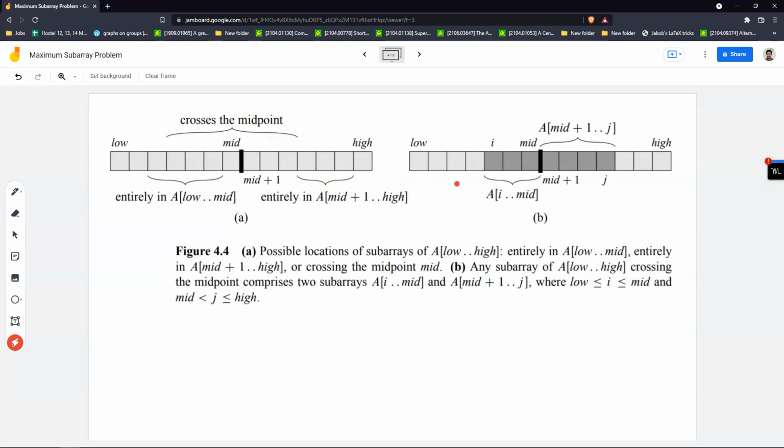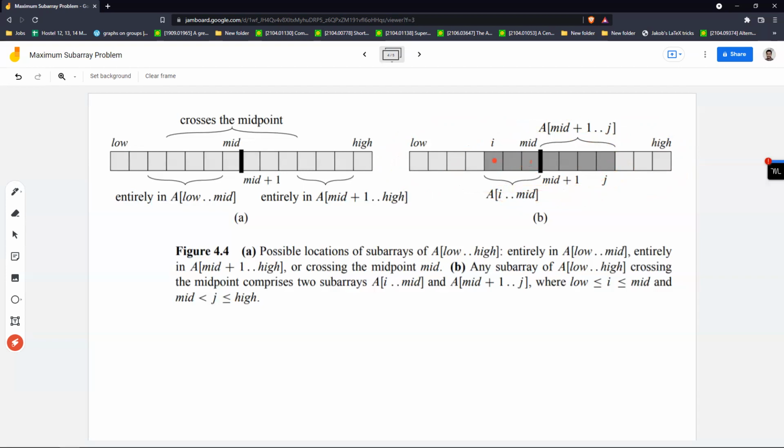The third possibility is that a maximum subarray is not contained in either, but it falls in between like this. But here is the important thing. If it falls in between like this, then the middle element must be in the subarray.